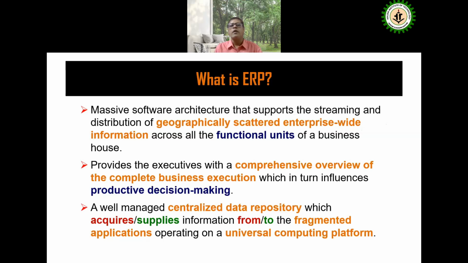So that is why we are saying geographically scattered enterprise wide information. This massive software architecture can support streaming and distribution through such geographically scattered countries.